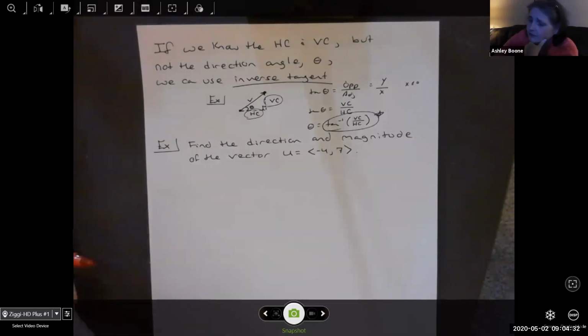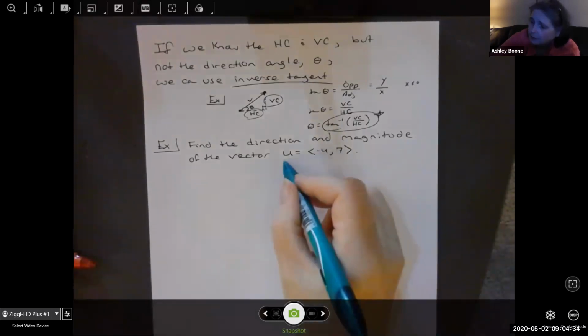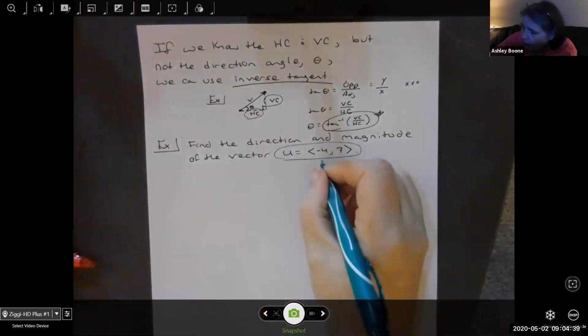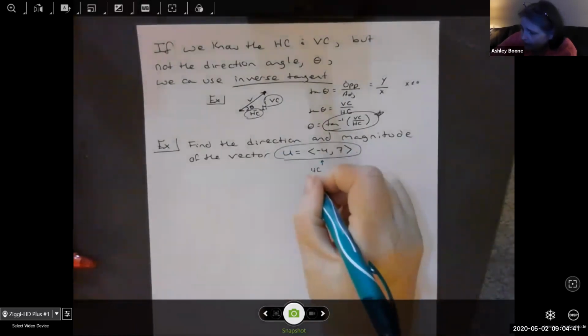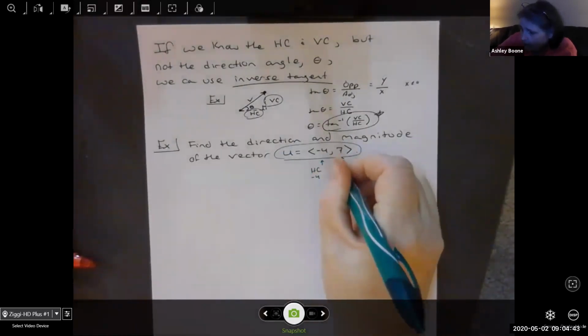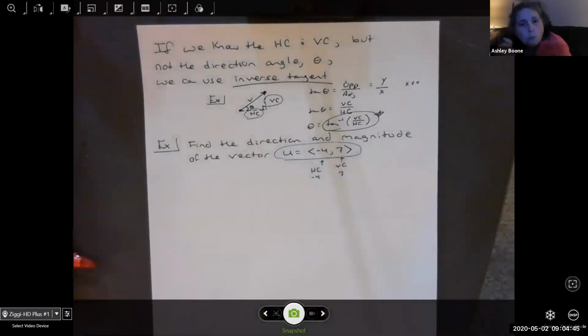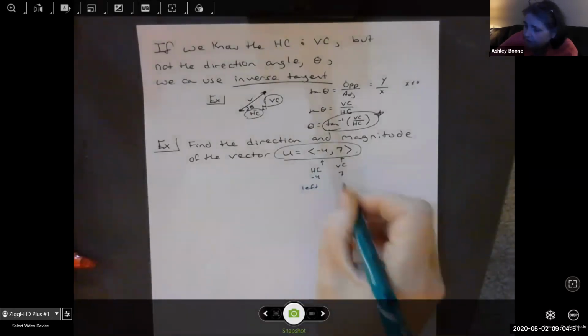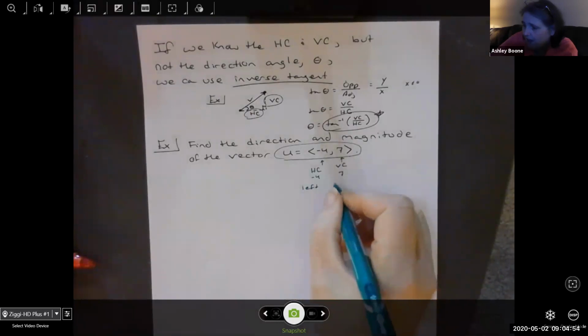Direction and magnitude of the vector in component form, <-4, 7>. So notice, our horizontal component is negative 4. Our vertical component is a positive 7. What does that mean? Horizontal component negative means we're going to the left, vertical component positive means up.